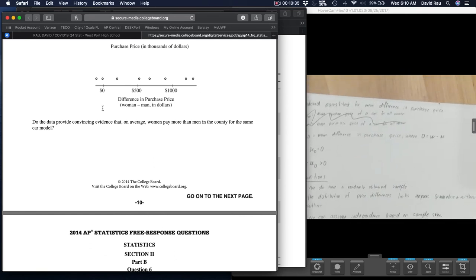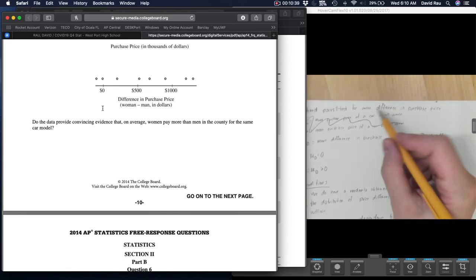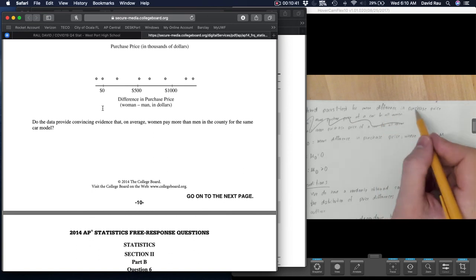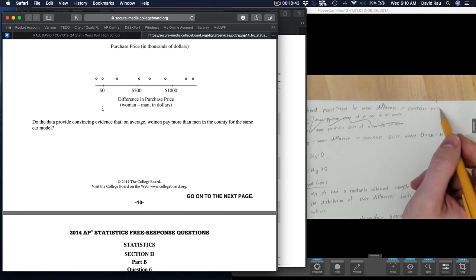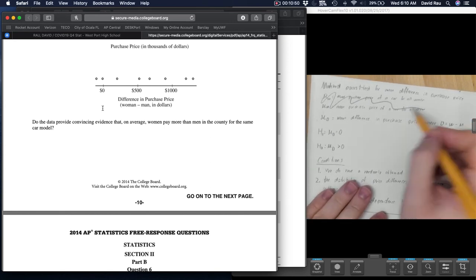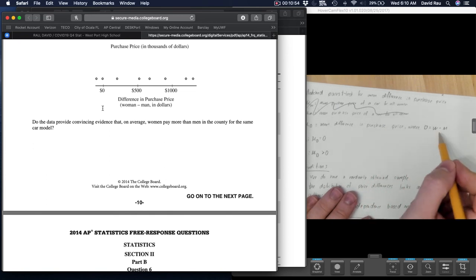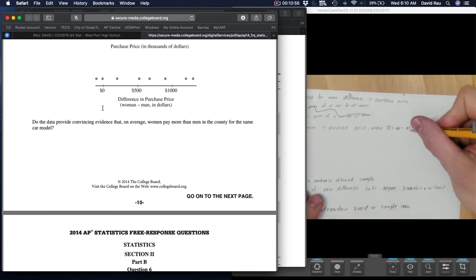So one thing you might want to do is you might want to go back with the 5 minutes that we have left. Matched pairs t-test for mean difference in purchase price of car models in the county between men and women. I'm going to go back and do that. Now this mean difference in purchase price, where D is women minus men. Hopefully that's obvious.